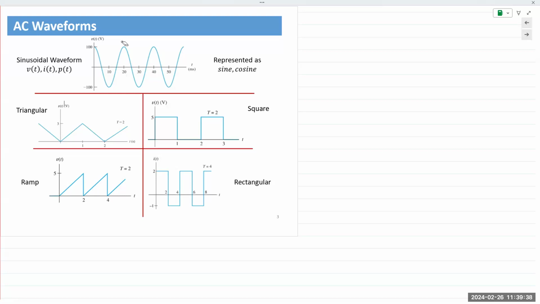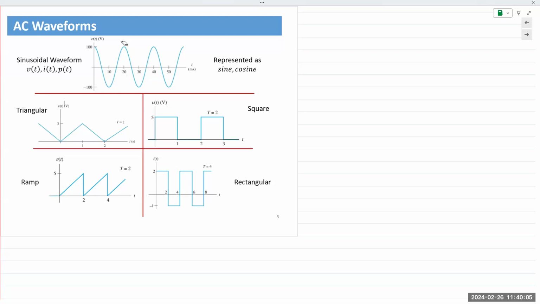The word waveform here is simply a graphical representation, but the words wave, function, and signal are all used as synonyms of each other. So if I use the word waveform, or signal, or function, they all mean the exact same thing, and they could represent either voltage or current or power.